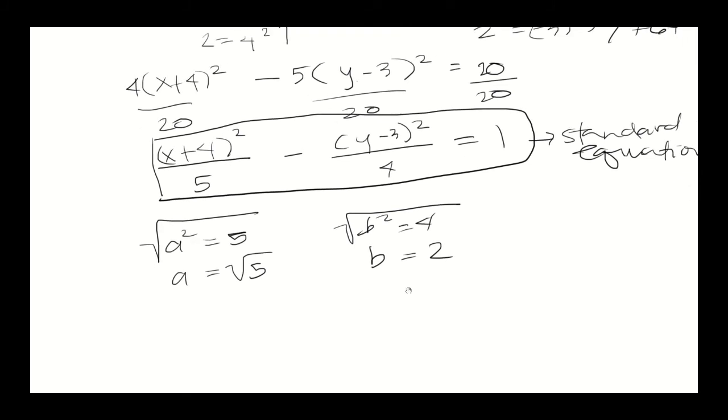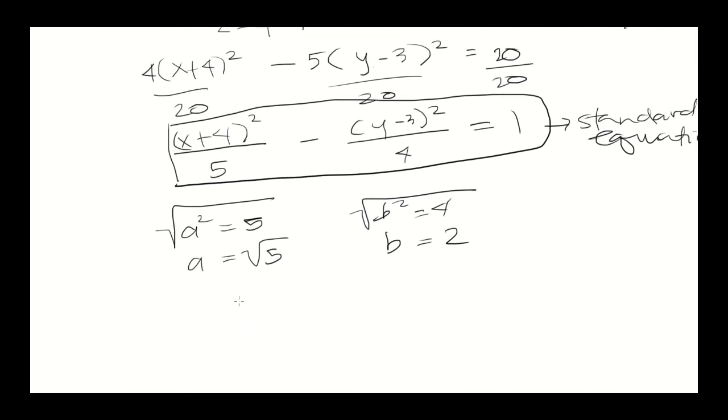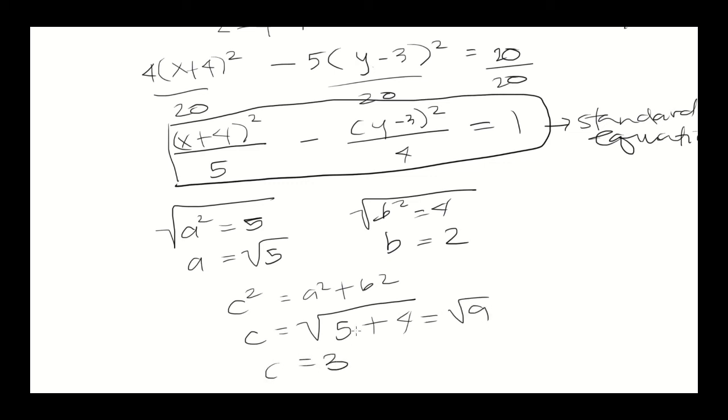So we can now get c, where c squared equals a squared plus b squared. So c is the square root of 5 plus 4, which is square root of 9. Then c is equal to 3.